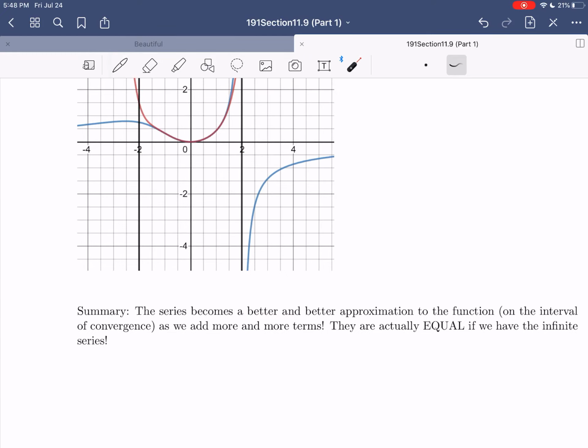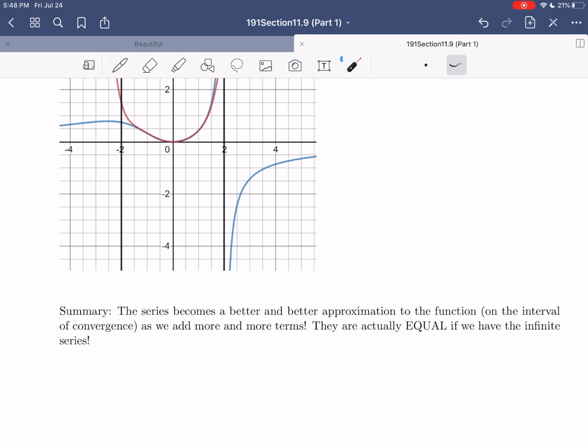So in general, our sort of summary here is that our infinite series, if we lop them off and treat them as a finite series, they become better and better approximations as we add more and more terms. And in theory, again, this is a theoretical concept because we can't have an infinite amount of terms, but if we actually had the infinite series, it would actually be an equivalent function to our original f of x, our rational function here.